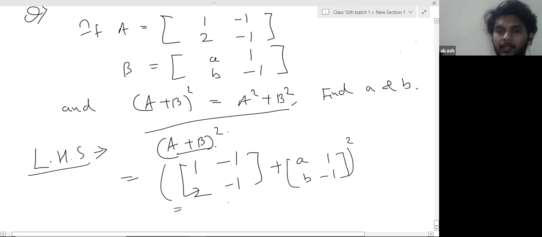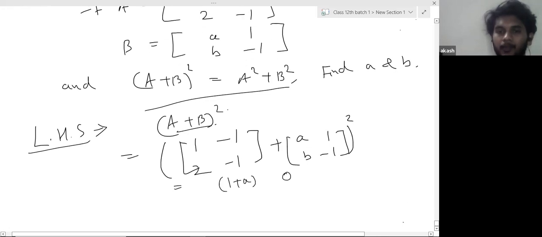Now when you add them, we will get 1 plus a and this is 0, and this is 2 plus b, this is minus 2, and square of this matrix, right?